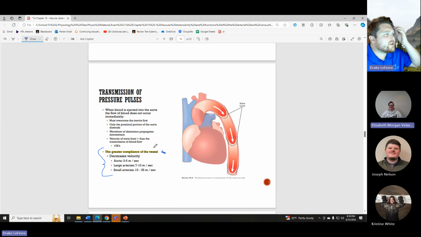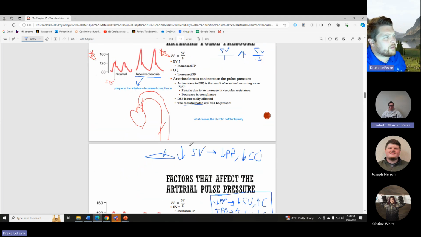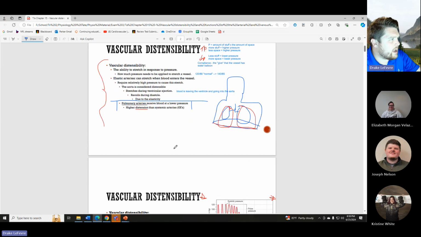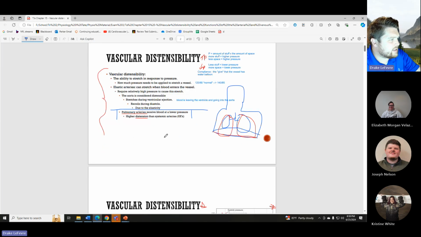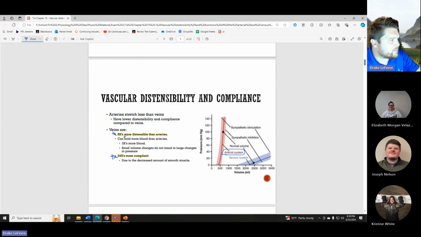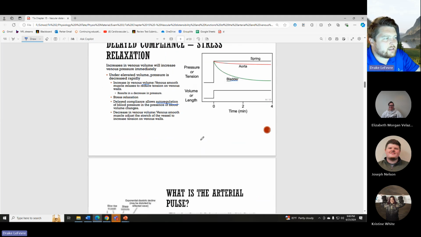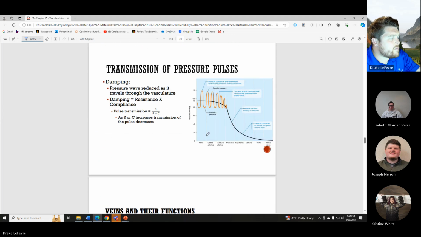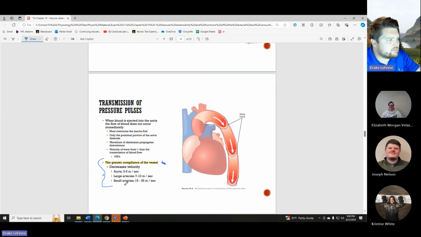Yeah. But the numbers I would remember are the compliance stuff from way in the beginning, like the veins are 8 times more distendable and 24 times more compliant. That'll be a test question where the numbers are important. But I wouldn't worry about these specific velocity things.